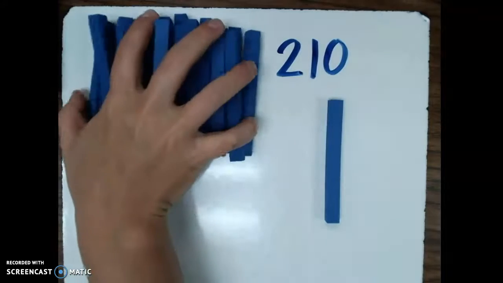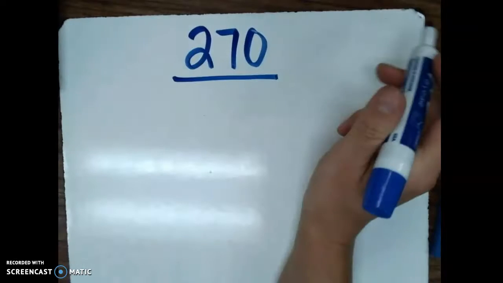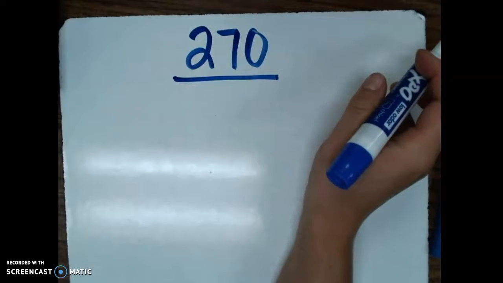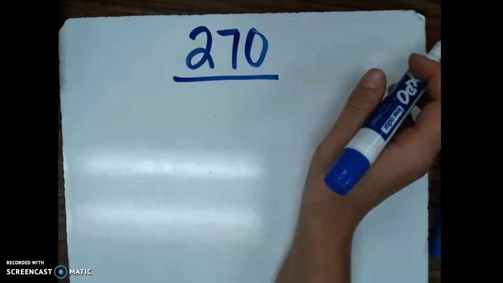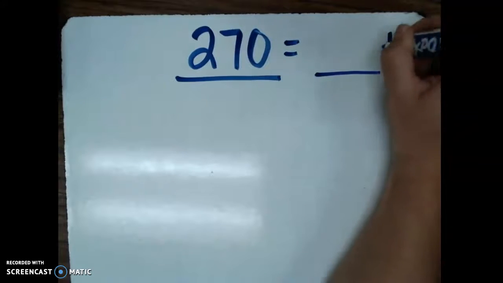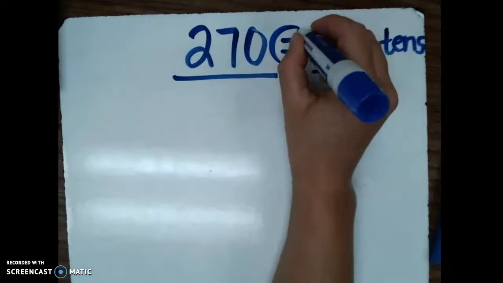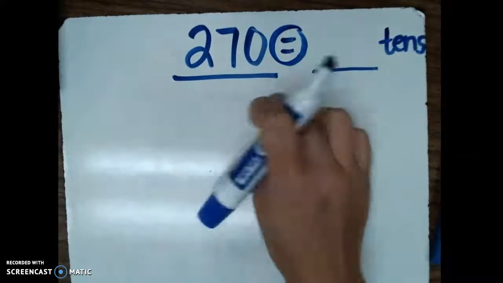The next problem I'm going to show you is the problem 270. Okay? 270. I can model this many different ways, but I am going to show you that 270 is the same as how many tens? Now, when I see this equal sign, I know that there has to be the same number on both sides.